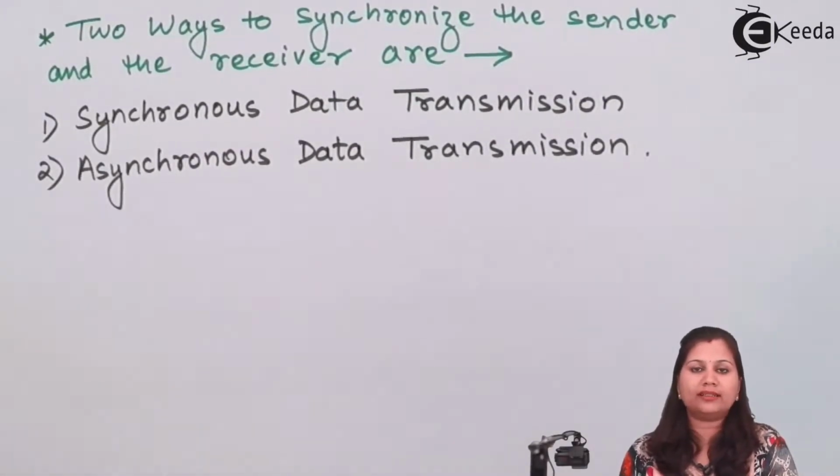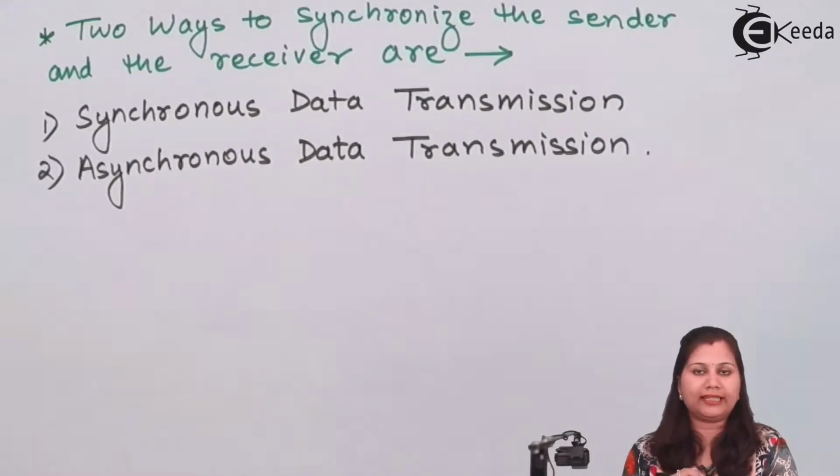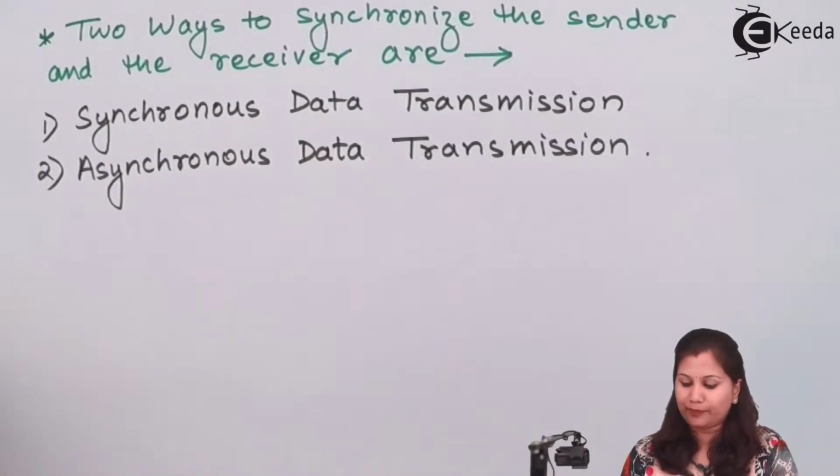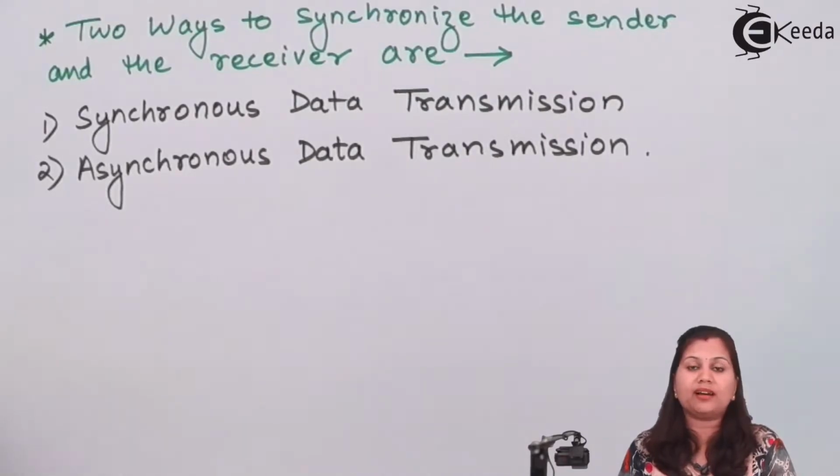That clock signal will define where the data is starting and where the data is ending. So the starting and the ending of the data is defined by another signal which is sent along with the data. So in synchronous data transmission, we use a clock signal to define the start and end of the data.